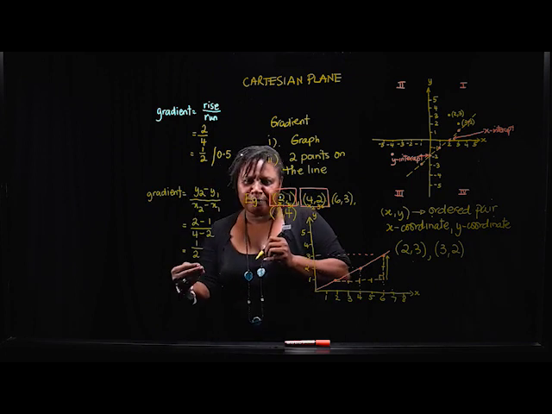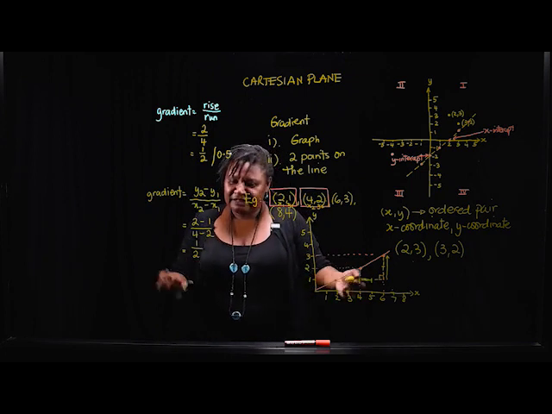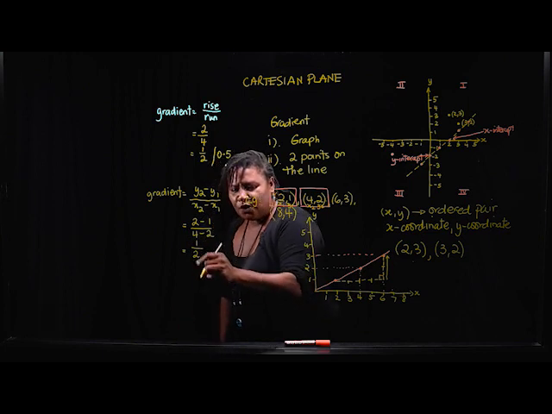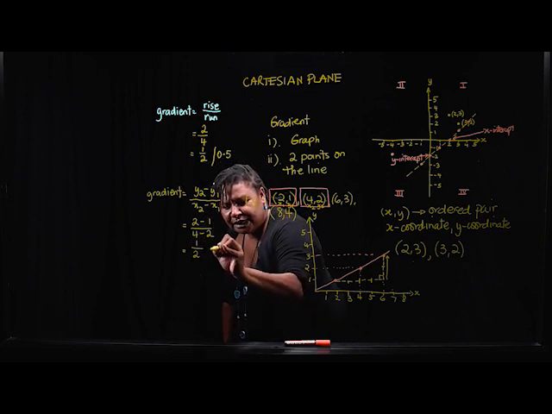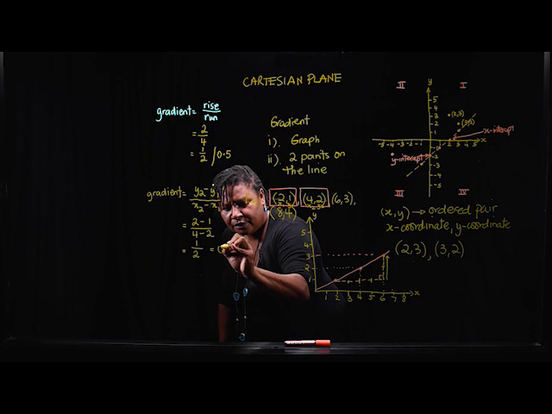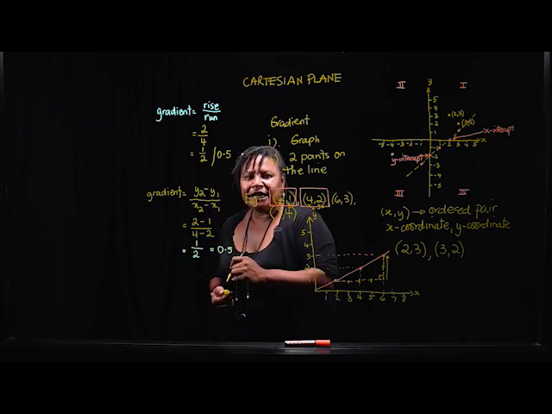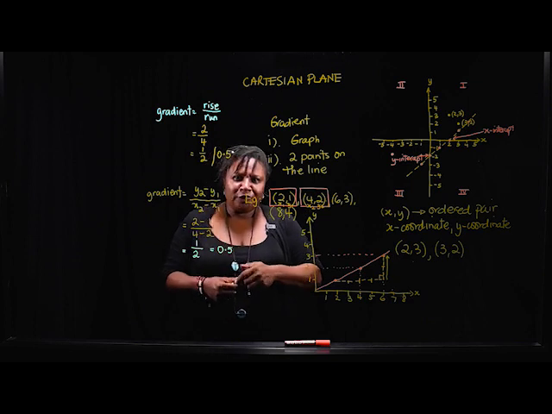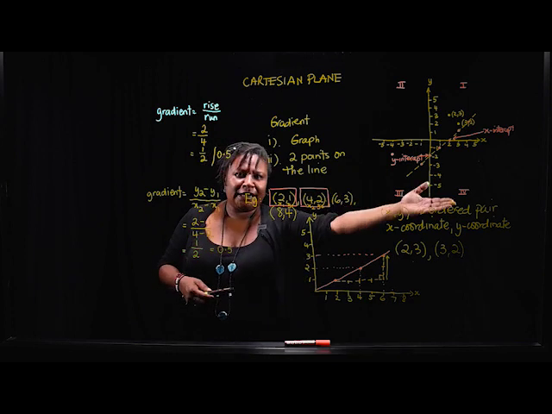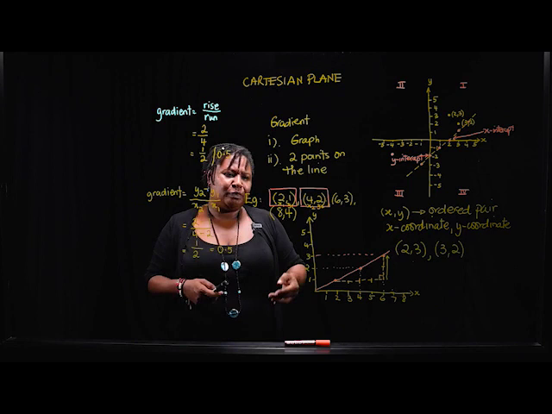So we have used both methods and we found the gradient is the same. So half can also be given as 0.5.